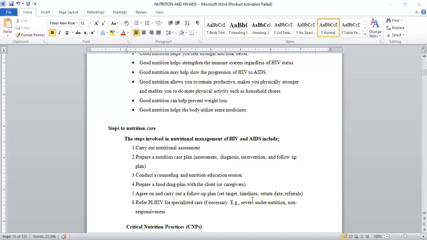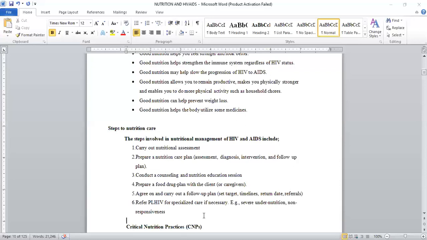Then refer a PLHIV, which means people living with HIV. So you refer people living with HIV for specialized care if necessary. For example, severe undernutrition, non-responsiveness. Like you've been trying to follow up a person for 3 months and you find that their nutrition status is worsening.